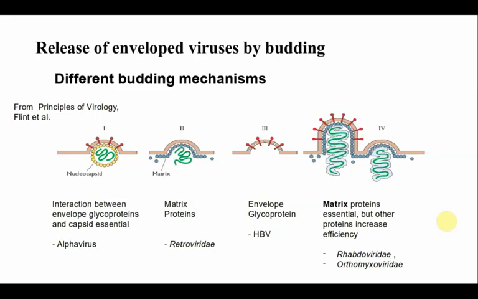Okay, I'm not going to talk about this because it's a bit too complicated, but herpes viruses have a particular problem, right? So, yeah, I will talk about this after all.